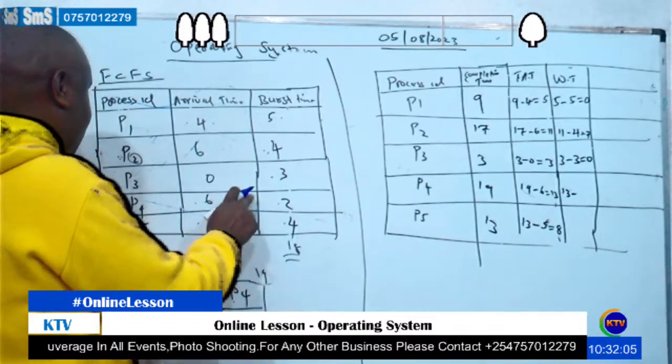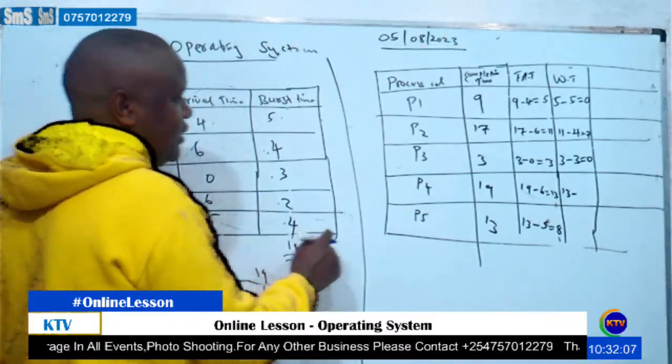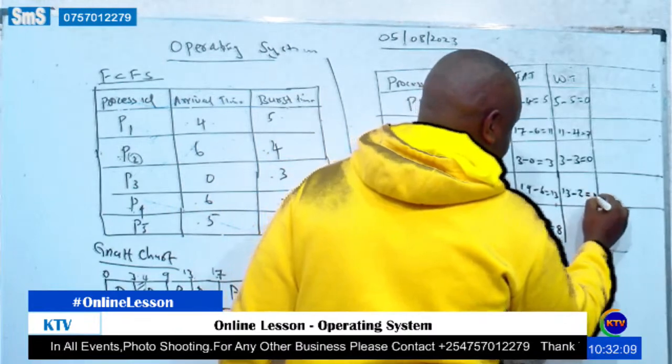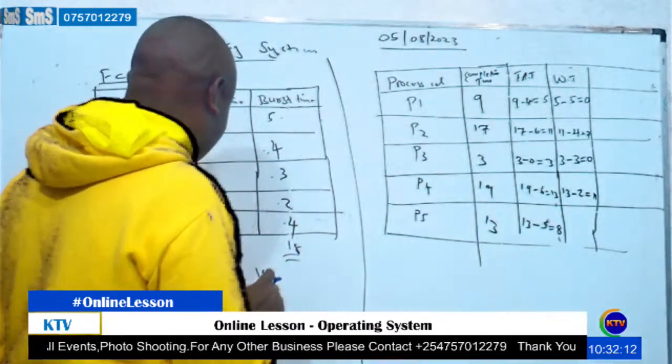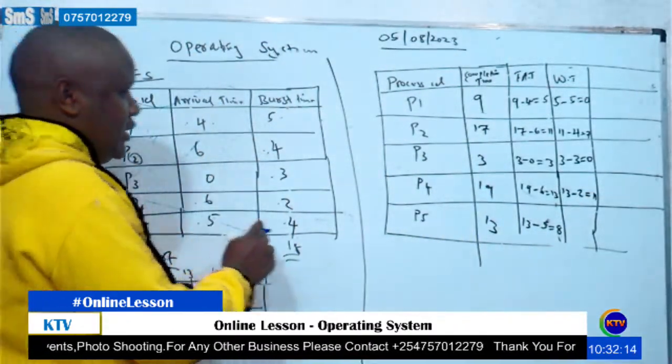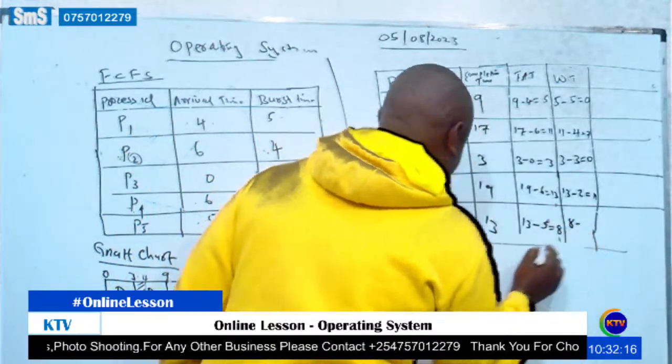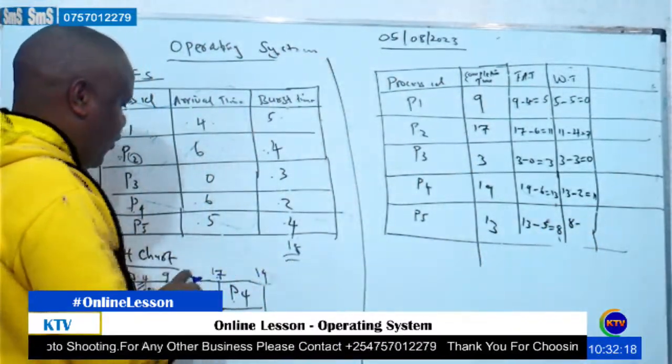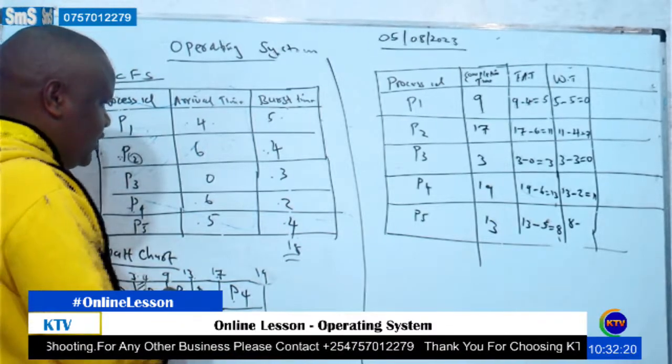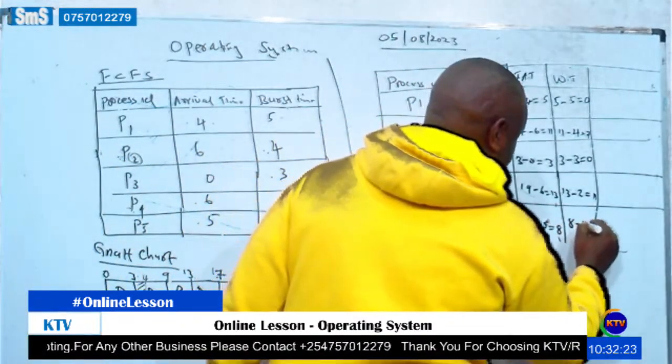For process 4, it is 13 minus the burst time of 2, which is 11. And then process 5, which is 8 minus 4, which is 4.